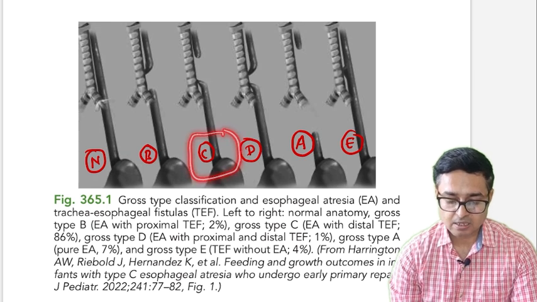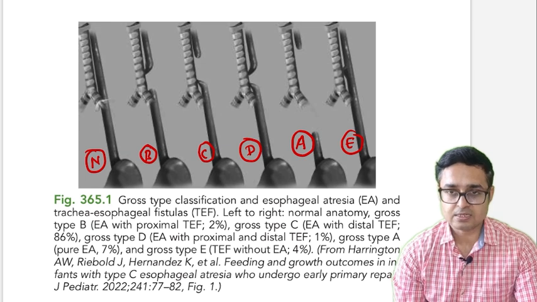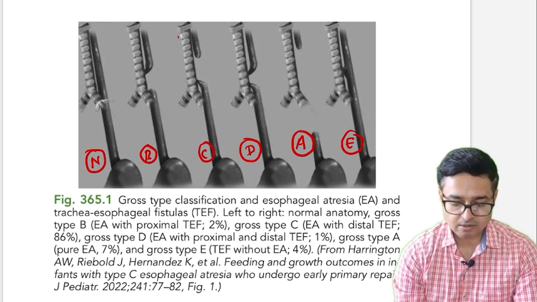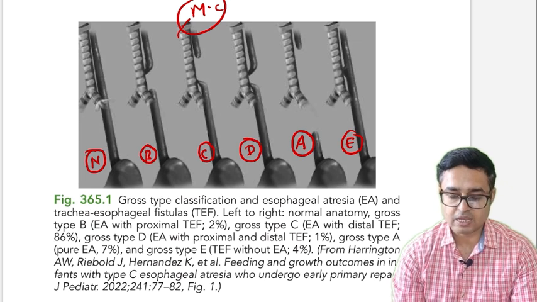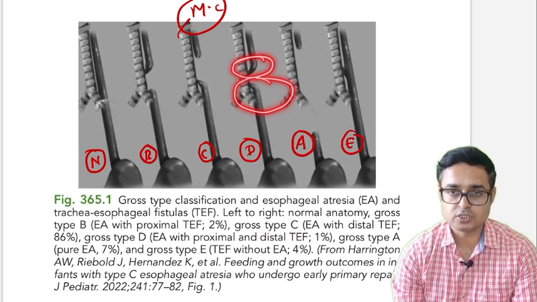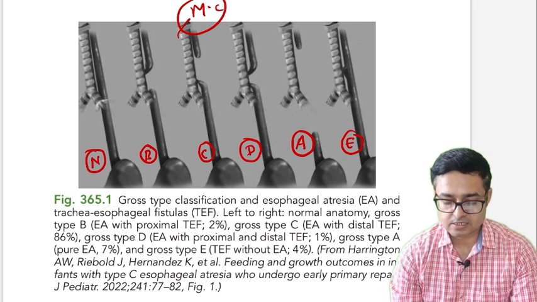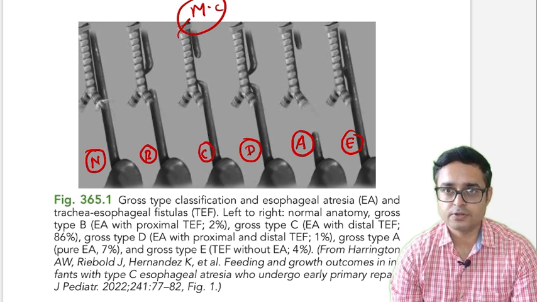Type C is distal tracheoesophageal fistula, and as we discussed earlier, this is the most common. Type D is when both proximal and distal fistulas are there. And type E has tracheoesophageal fistula but no esophageal atresia.